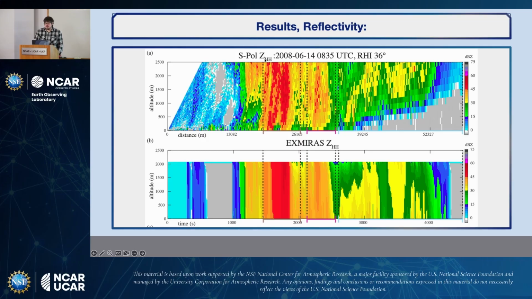Now, we perform the DSD estimation for every single horizontal grid point here. And then from there, that allows us to move those drops forward in time. So essentially, we just have this Eulerian point in space, and we allow the squall line to pass over it.